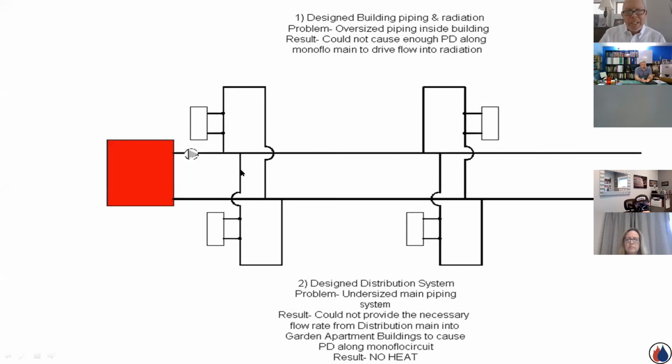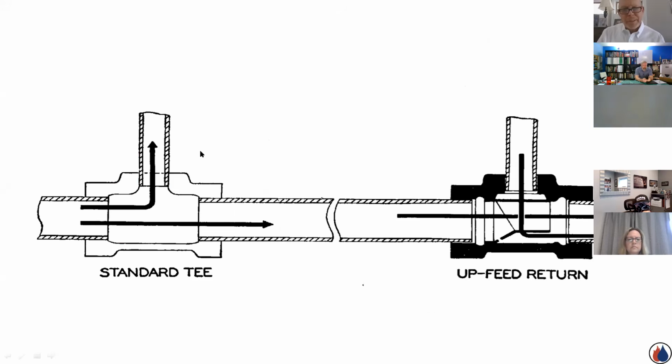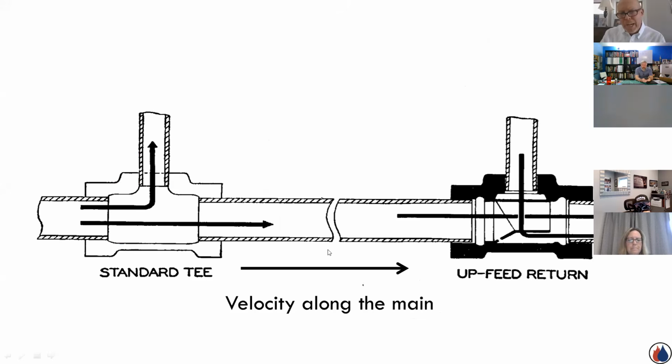And dealing with the monoflow system, that's a big no-no. And what I mean by that is when this piping here is too big inside the building, and it's a monoflow system, and this piping here is too small, so I don't have adequate flow rate, it led to a serious problem. Real quickly, stepping back in time, monoflow systems. The way they would work is you would have velocity along this main here.